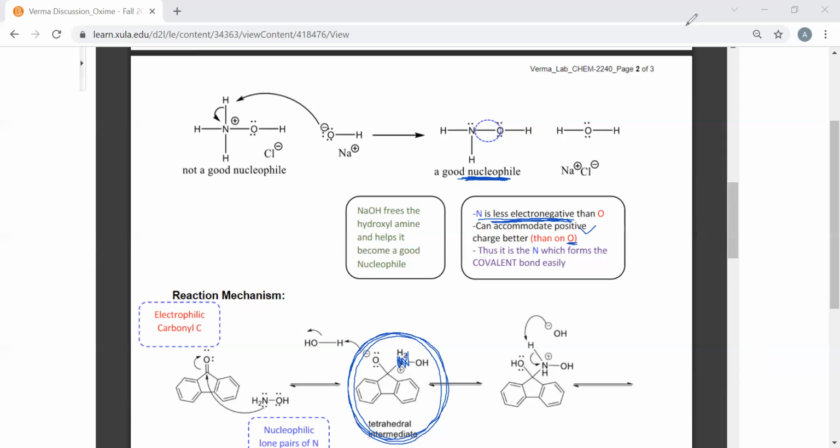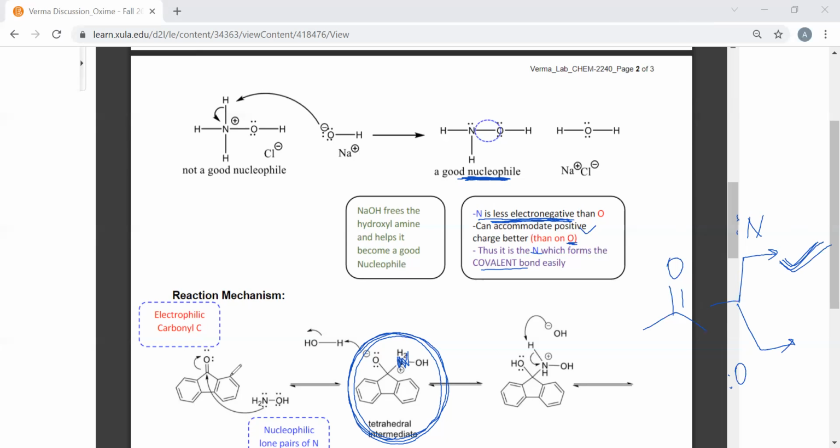Why? Because oxygen is very electronegative. This helps the nitrogen to form the covalent bond more easily. And hence, when both nitrogen and oxygen are available as nucleophiles, it is the nitrogen pathway which will win the race and make the oxime.